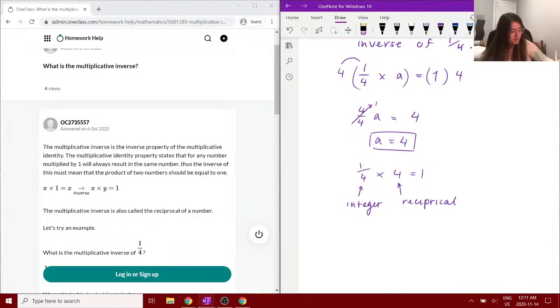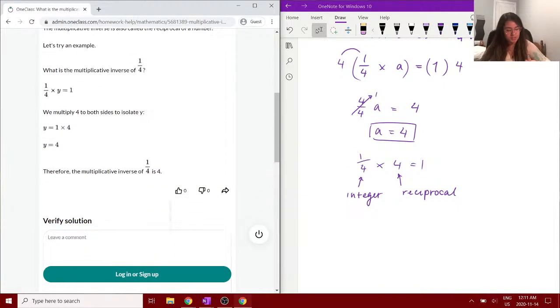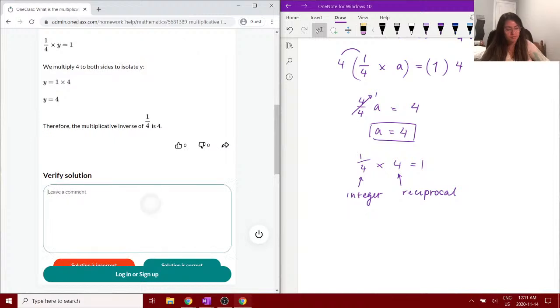Maybe with an O. Anyways, I think you get the idea. Yep, so we always get 1, so we know that that is correct. All right, and from there we're good to go on to the next question. So therefore, the multiplicative inverse of 1/4 is 4. So correct decision.